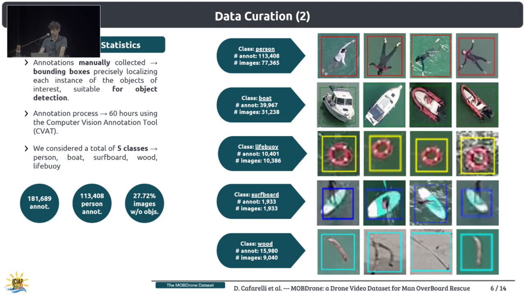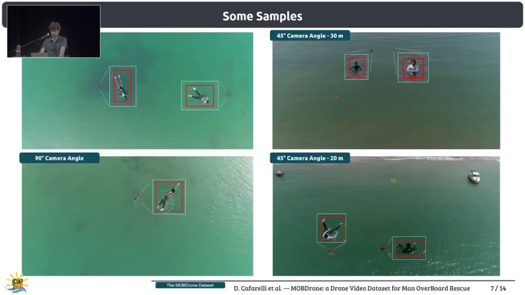So it is a dataset suitable for object detection, as I already said. The annotation process took about 60 hours using the Computer Vision Annotation Tool. We considered a total of 5 classes: person, boat, surfboard, wood, and lifebuoy, for a total of more than 181,000 annotations, of which more than 130,000 concern the person category, which is of primary interest in the MOB scenario.